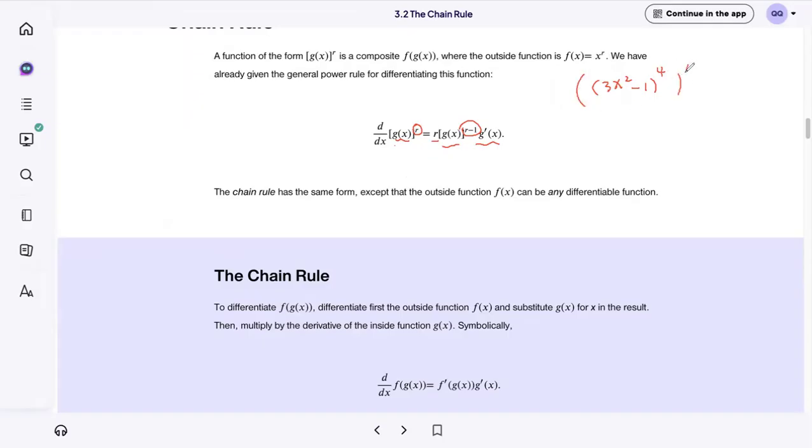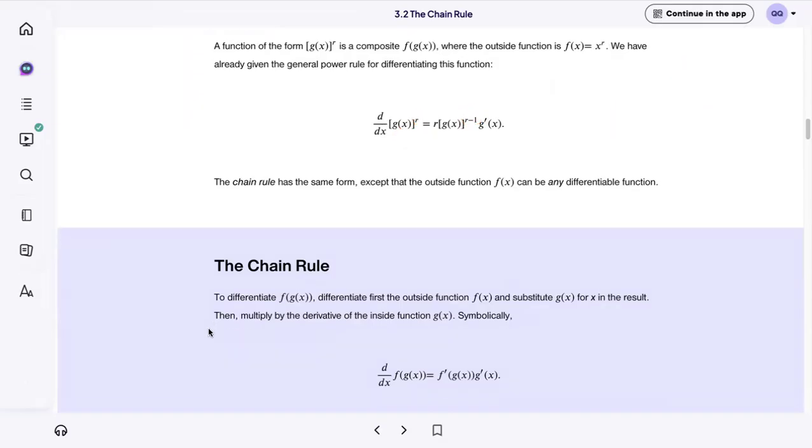I want to take the derivative of this. So I pull 4 down, I rewrite whatever is inside the parentheses, and I subtract 1 from 4. Now I multiply by the derivative of the inside, which is 6x. Okay, that's what this formula is for. This formula we've actually seen already in previous chapters.